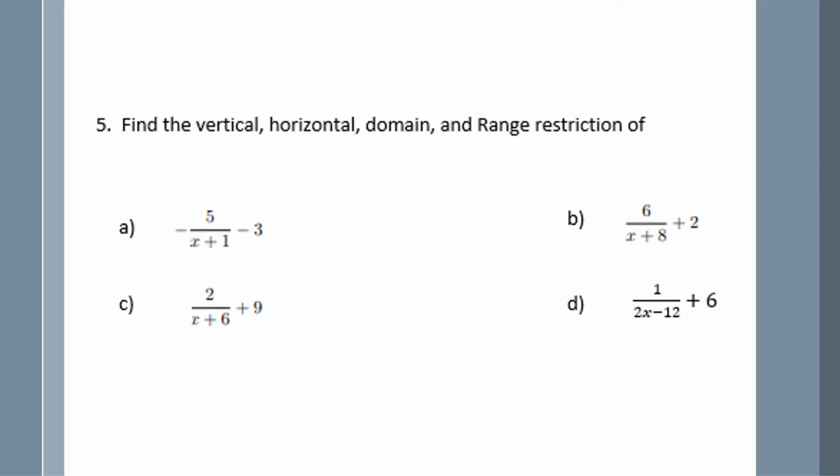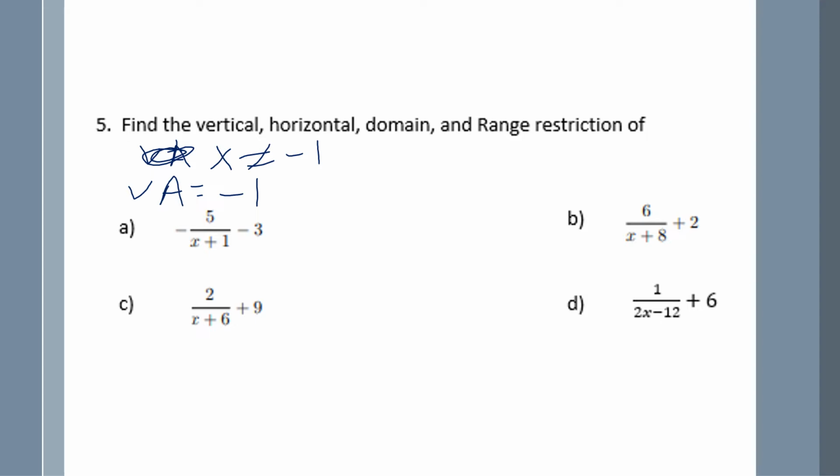Well, we know that the VA of this, x cannot equal -1. There is my VA. My vertical asymptote is -1, and because my VA tells me it's -1, that's where my domain cannot be.